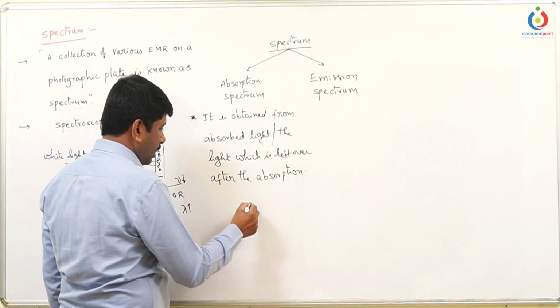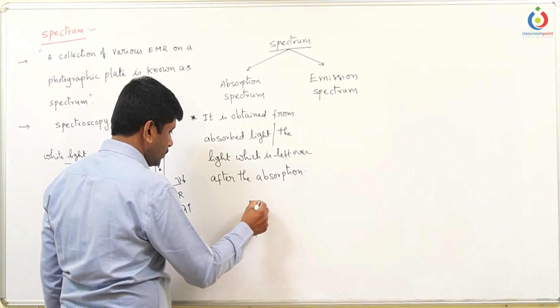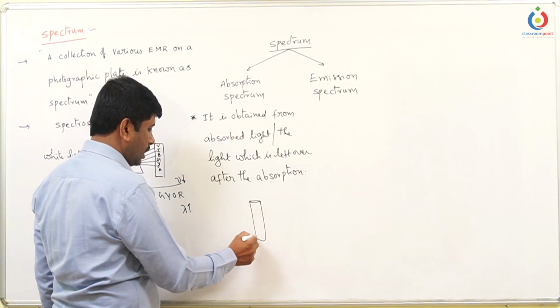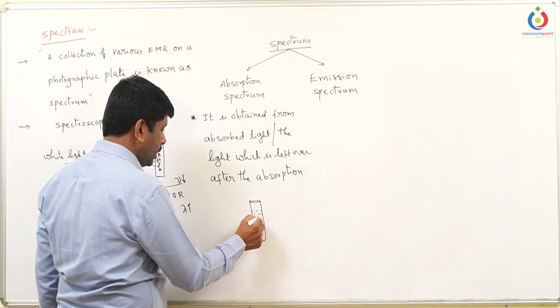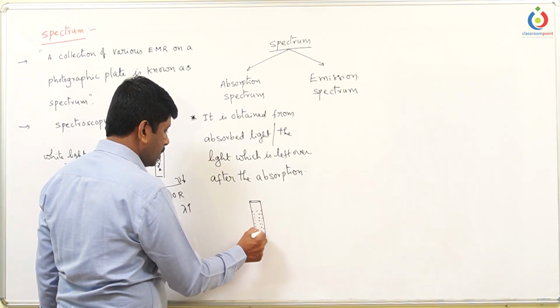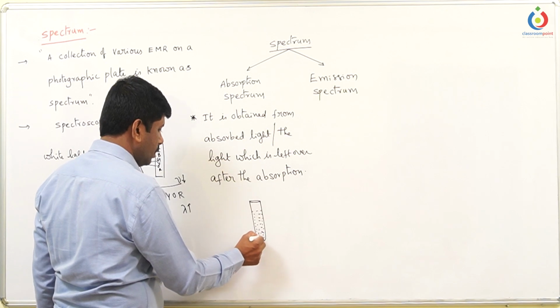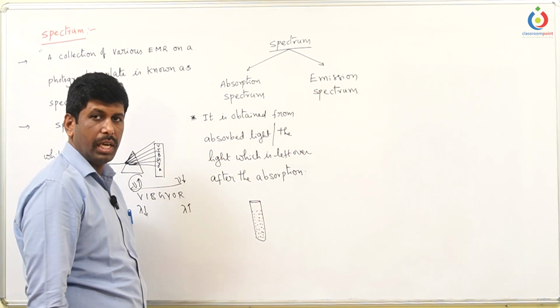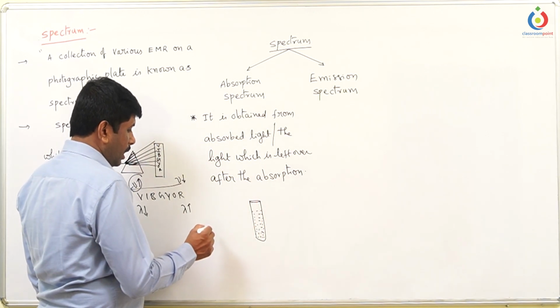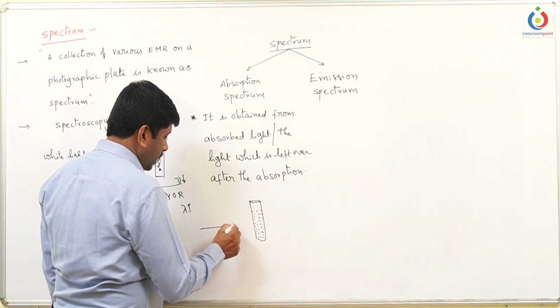So let us take a sample here. Any particular sample we are going to call a sample for the absorption. Some absorbing material has been taken, and now let us try to send the white light.